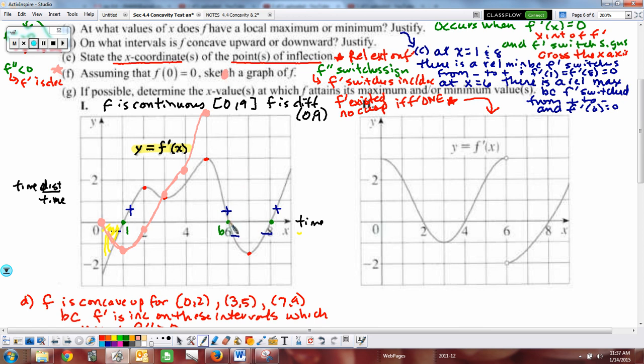And then once I get to here, I start losing. I'm not accumulating anymore because I have a negative rate. So I'd say that's about 1-ish back down. And then we're still losing. Okay, so the rate's negative. So I'm still going down from where I am because my rate is negative.